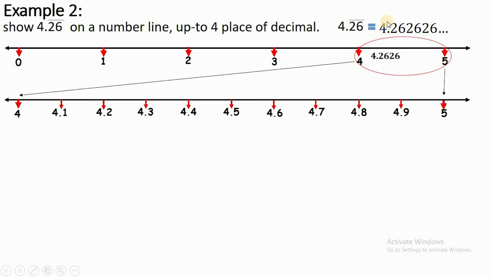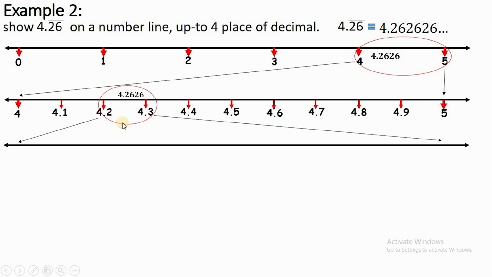Now again you have to check, 4.2626 is greater than 4.2 and it is less than 4.3. So 4.2626, it lies between 4.2 and 4.3. So again here we'll zoom in this portion of the number line. Here is the zoom in portion. Here we have 4.2 and here we'll write 4.3.